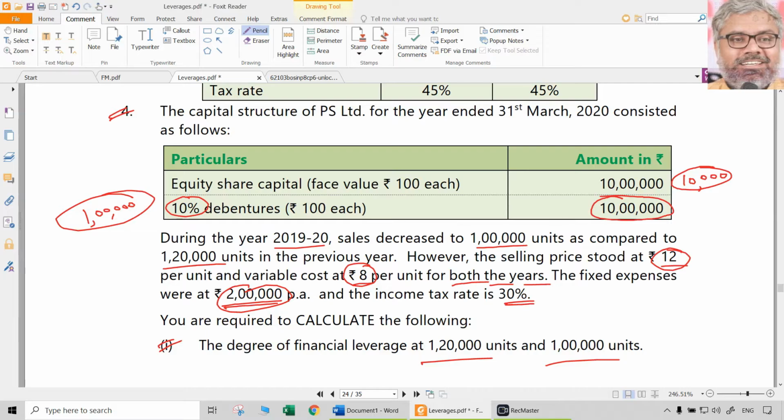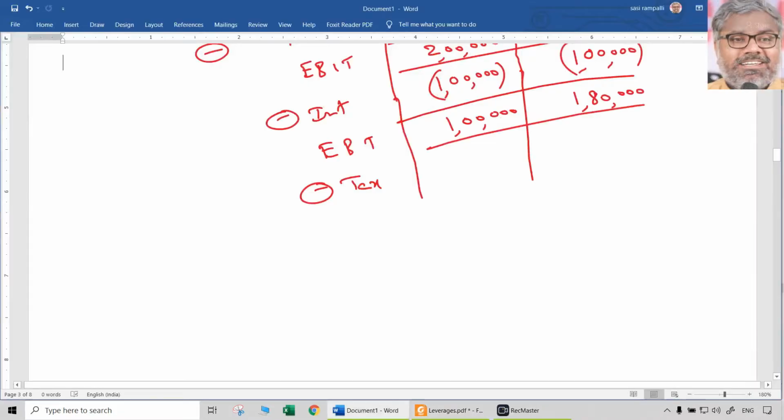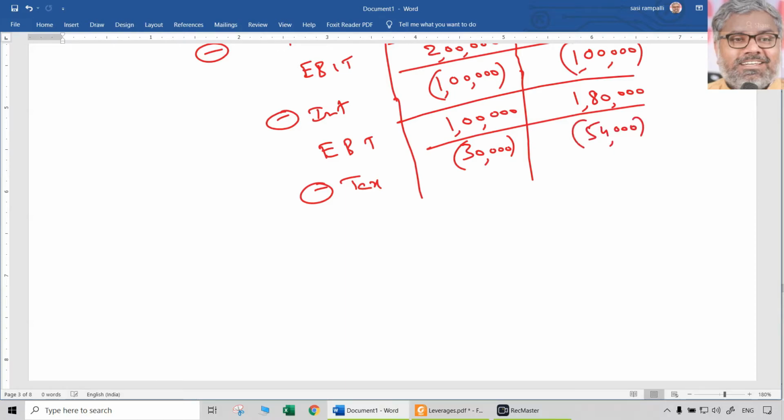Tax rate is given as 30%. So 30,000 and 54,000. Profit after tax will be 1,26,000 last year, 70,000 this year.